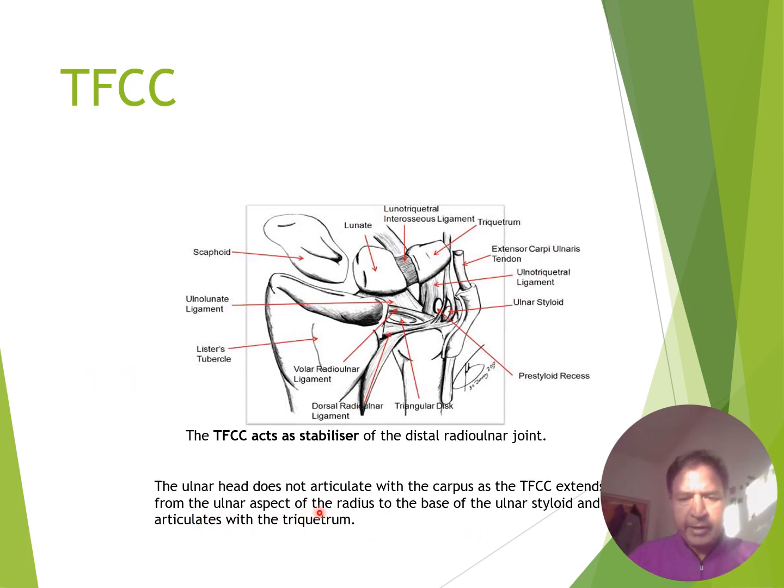The ulnar head does not articulate with the carpus. The TFCC extends from the ulnar aspect of the radius to the base of the ulnar styloid and articulates with the triquetrum.